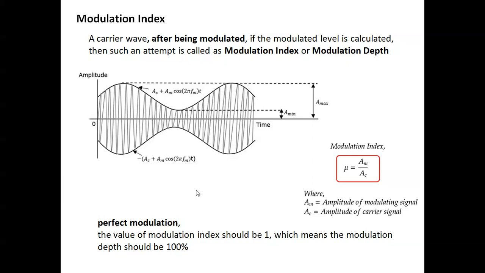For perfect modulation, that is equal to 1, and the modulation depth should be 100%. So modulation index or modulation depth should be 100%, that means equal to 1.